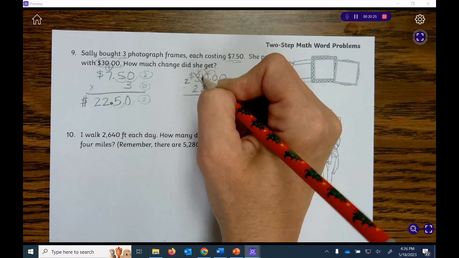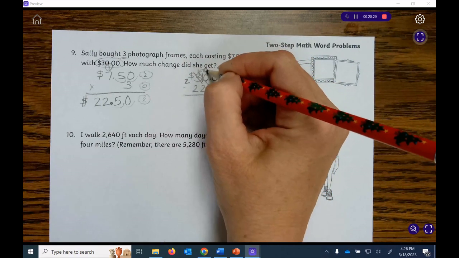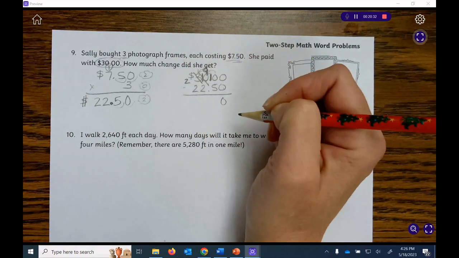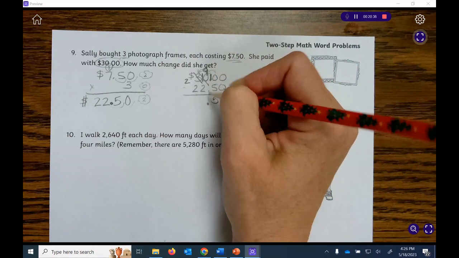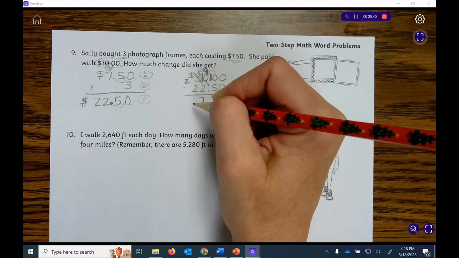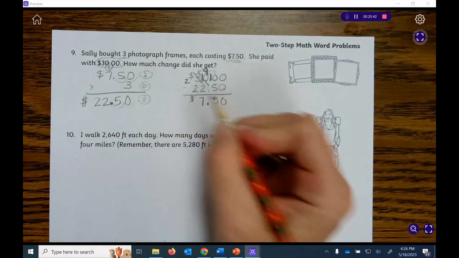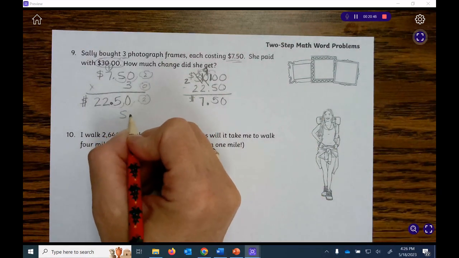This 0 becomes a 10. I borrow from the 10, it becomes a 9, and this 0 becomes a 10. Now 10 take away 5 is 5. I bring down the decimal point. 9 take away 2 is 7, and 2 take away 2 is nothing. So she should receive $7.50 in change.